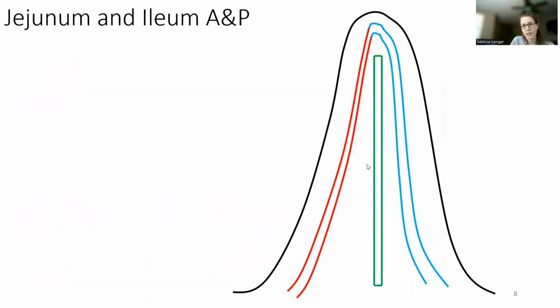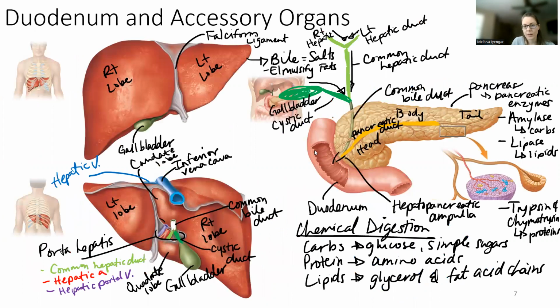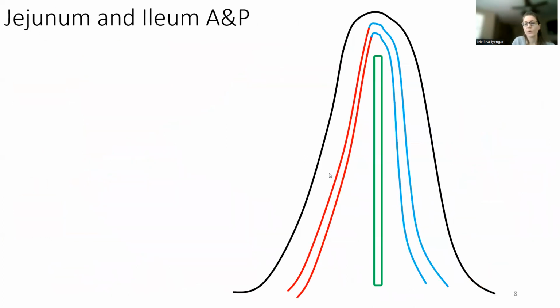So in the jejunum and ileum, they also have these circular folds. So remember, these like bumps are the circular folds. On every circular fold, you have a villi. So this is my villi. The villi are the finger-like projections that project out of that circular fold.